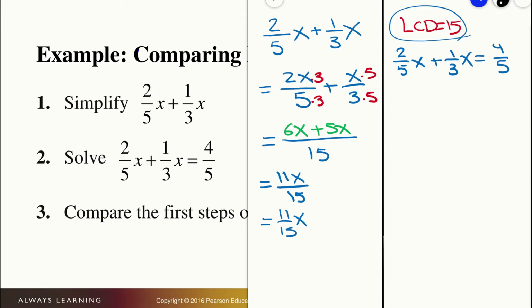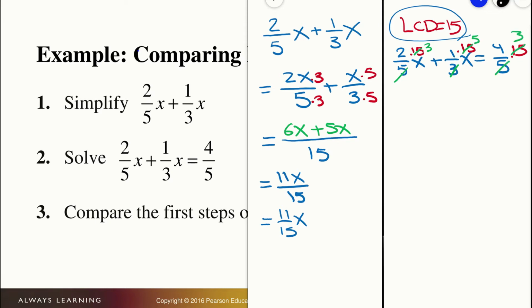So now we go ahead and multiply the LCD by each term, right? Remember, it's because of the distributive property that this happens. And now we can cross cancel. 5 and 15 leave us 3. 3 and 15 leave us 5 on the top, and 5 and 15, 3 again.